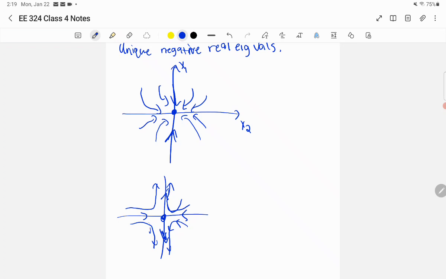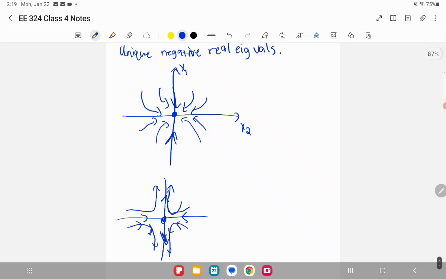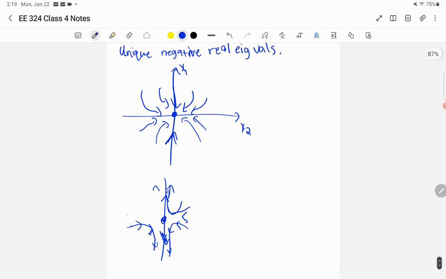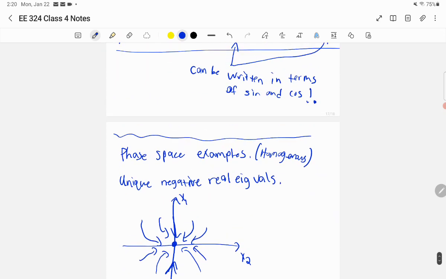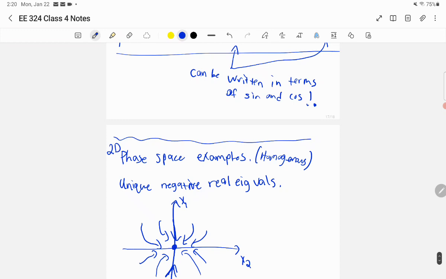Right, so one of the dimensions is trying to push you towards it. And the other dimension is trying to push you away. So this is 2D phase space. I should have written that.